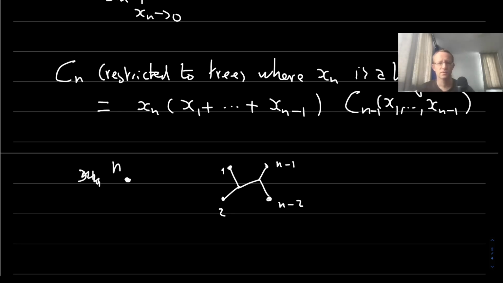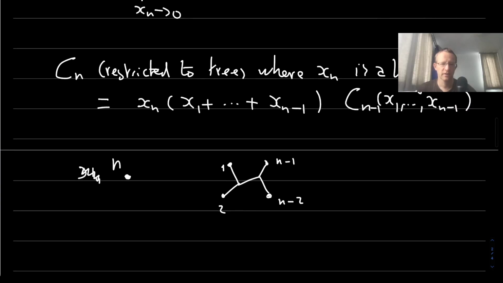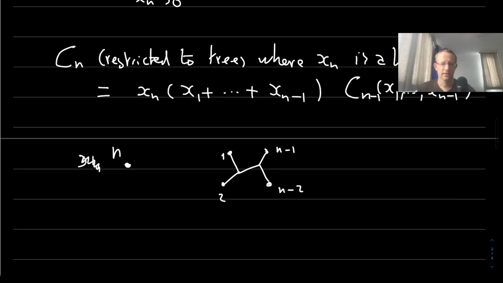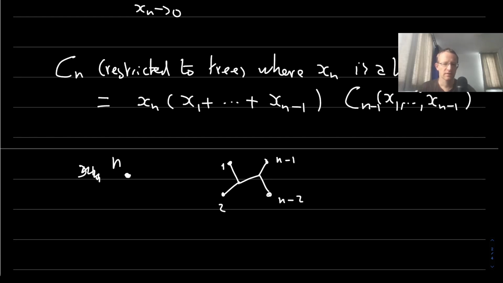I can choose the nth vertex to be a leaf, and what I need to add to my polynomial is, for instance, if I connect xn to x1, I need to add a factor of xn x1 to my monomial associated to this spanning tree.